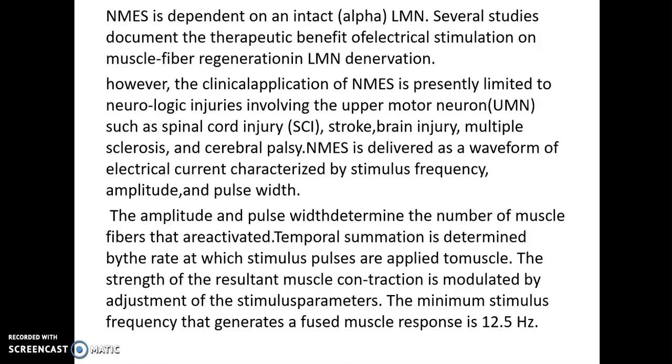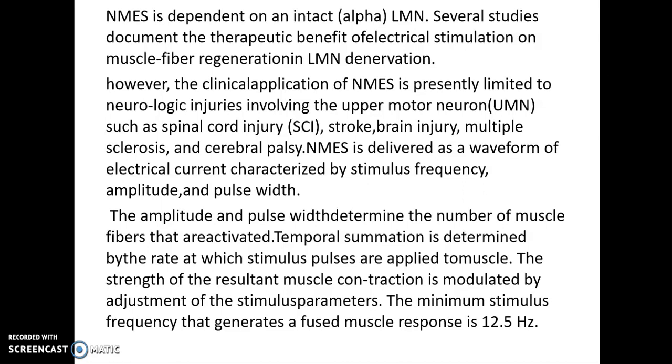So how many pulses per second, that is what we call temporal summation. So that will be the timing of the stimulus and the type of timing, whether it will be tetanic contraction or a worm like contraction, which we already know in the galvanic and the Faradic current type of contraction. So that will be defined by the frequency.